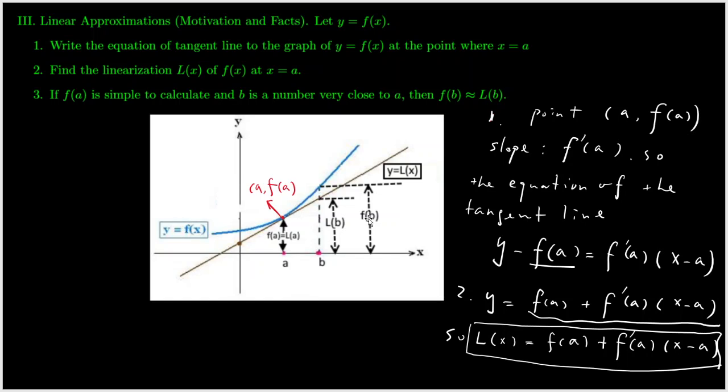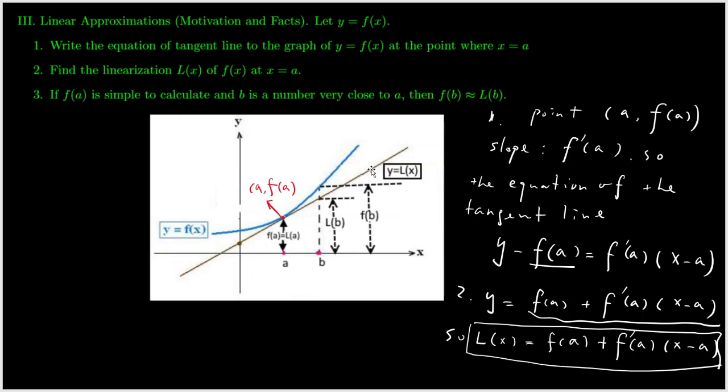You just remember when b is very close to a, now item number 3. Okay. When f of a is simple to compute, so something was wrong earlier.